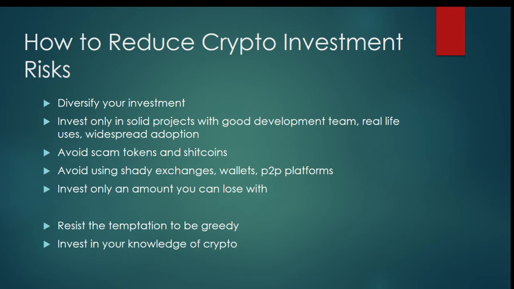Once you diversify your investment, it will help you to not get wrecked, to not become bankrupt when there is a systemic hack, or a major hack or widespread loss in the market. So one of the first things you want to do is to diversify your investment.